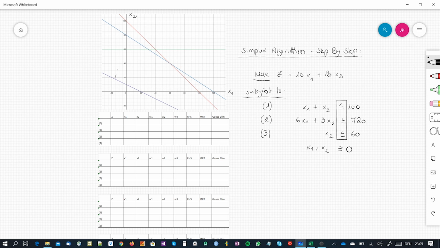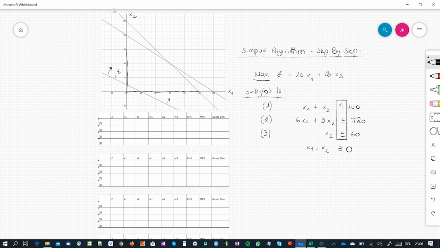Here on the lila line we have the objective function that we push outward in the solution space because it is a maximization problem. By definition we have the decision variables to be larger or equal to 0, so we are operating in this quadrant of the coordinate system.